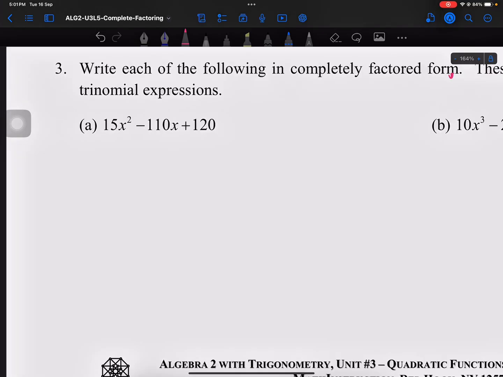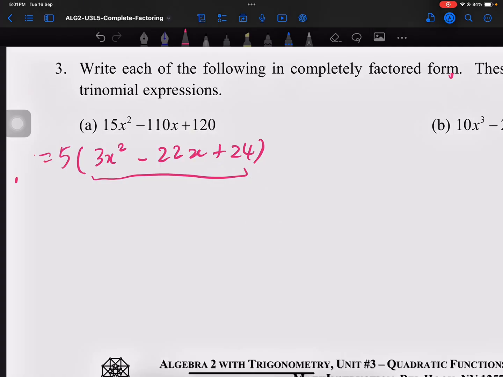Okay. 3a, we need to take out our GCF. Our GCF is 5. So 5 times 3 becomes 15x squared, minus 22x plus 24. Okay, so we look at this. The leading coefficient is not 1, so we need to be more careful. So 3x and then x.